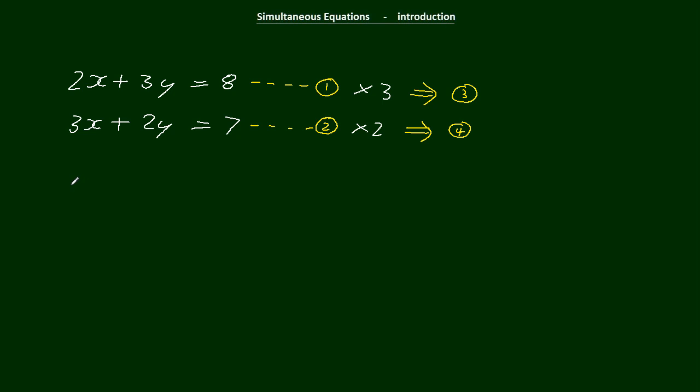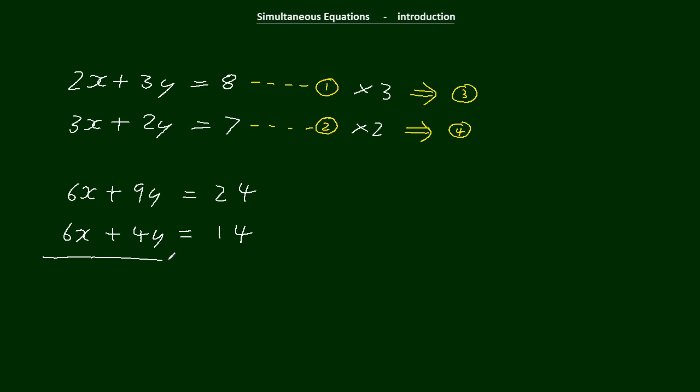So that one's going to be 6x and 3 times 3y, 9y, 3 times 8, 24. And the second equation, that's going to be 6x and 2 times 2y, 4y, 2 times 7, 14.